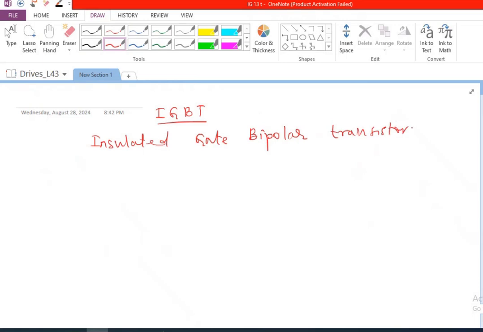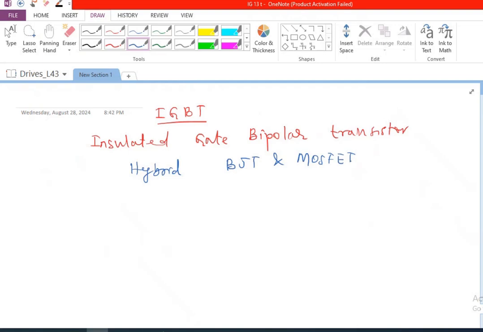So insulated gate bipolar transistor is actually a hybrid between BJT and MOSFET. So it combines the advantages of both BJT and MOSFET.